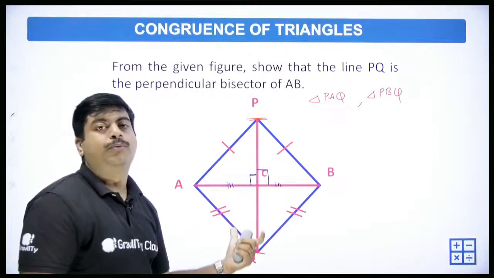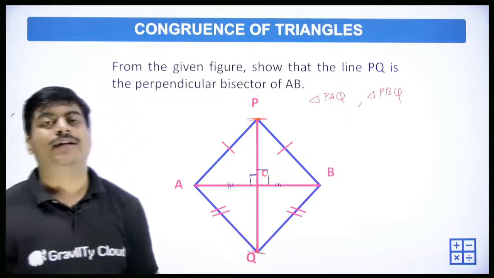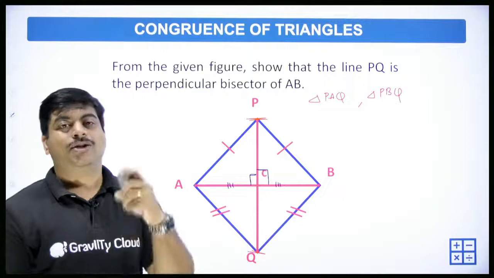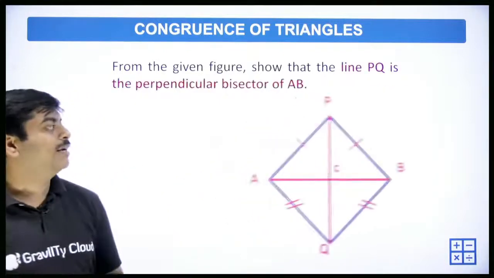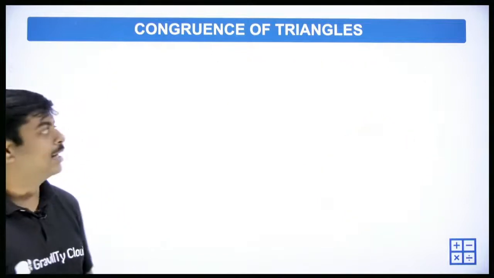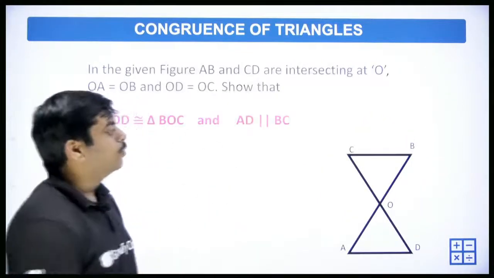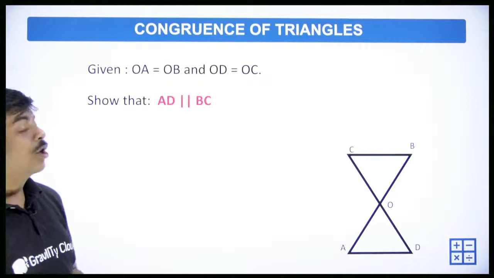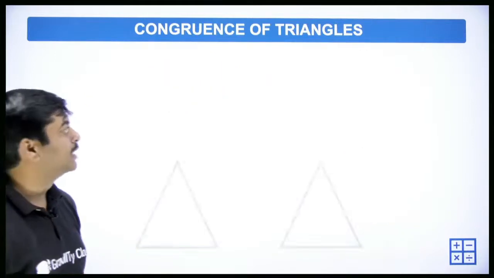You need to prove this using the different congruencies that we have learned in this class. In the next class we will start with how to prove this as a perpendicular bisector, and after that we have a couple more questions and a couple more congruencies to cover.